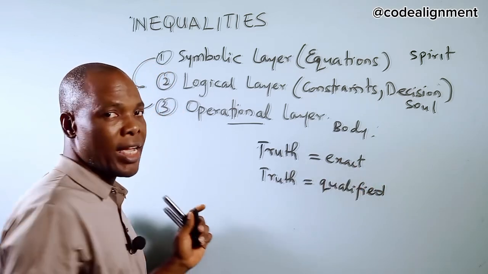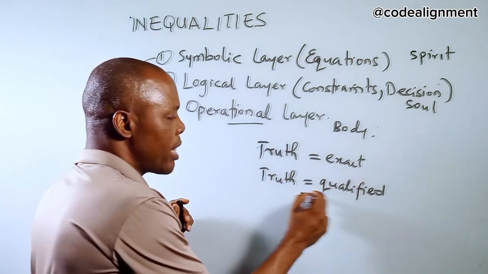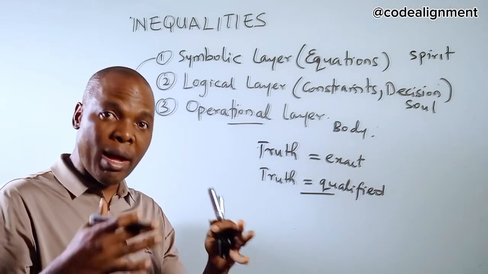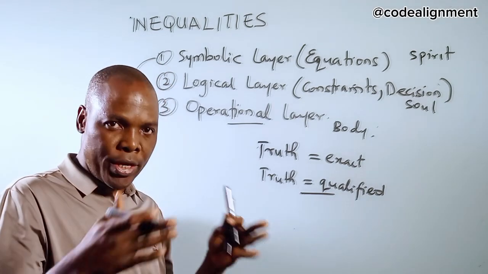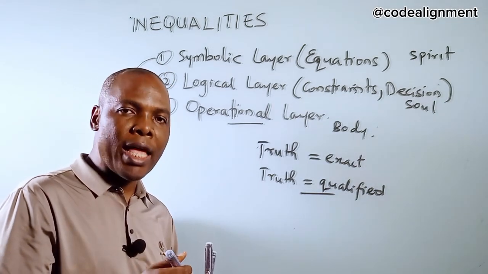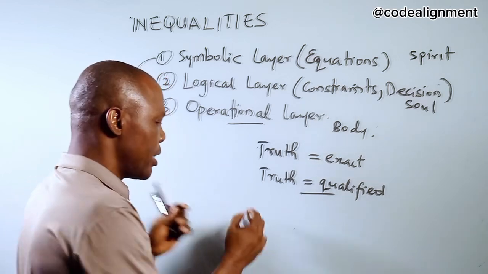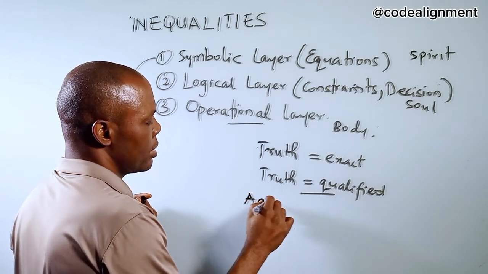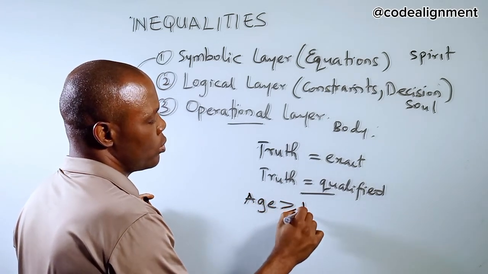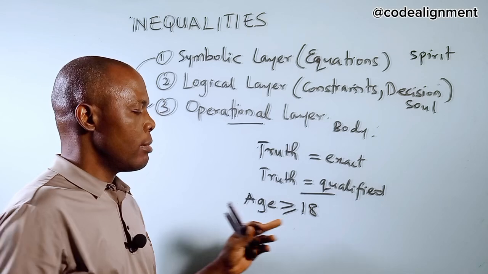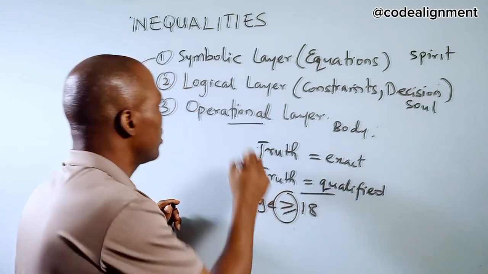We are not looking at exact. So when we are looking at qualified, it means we are looking at a boundary. We are looking at a range. So you say something like, you cannot vote unless you are 18 and above. That would mean age is greater than or equal to 18. So this is what? Inequality.